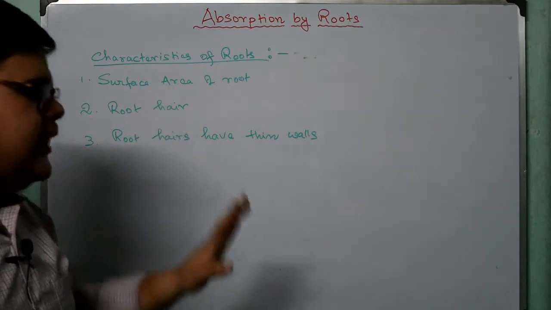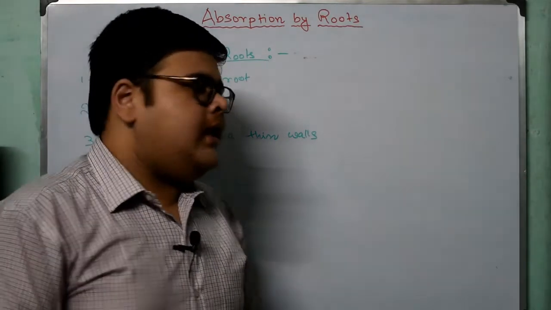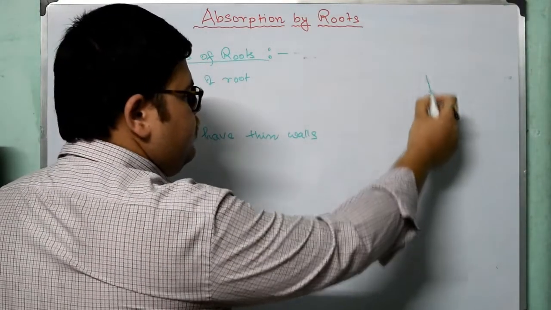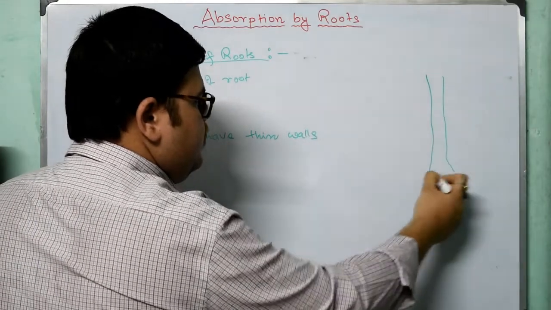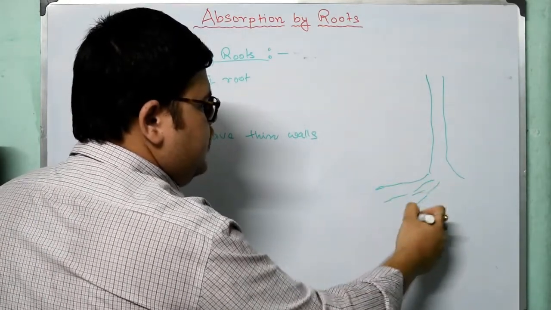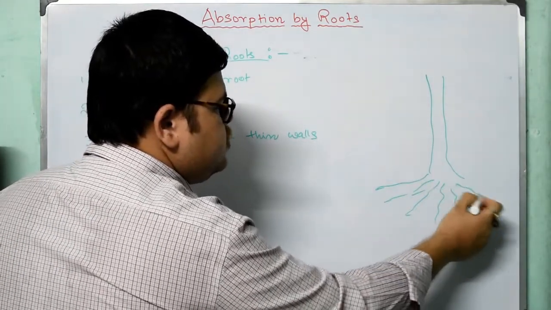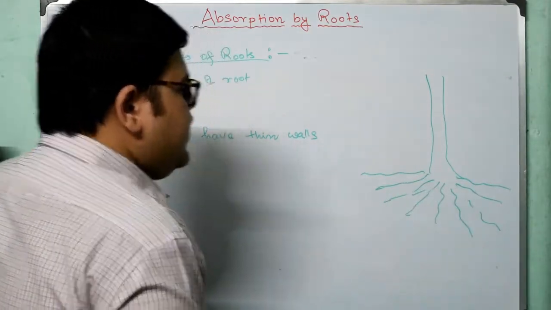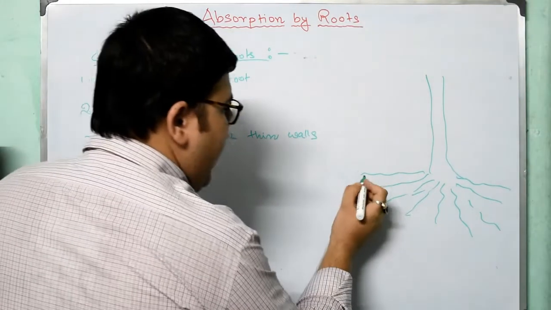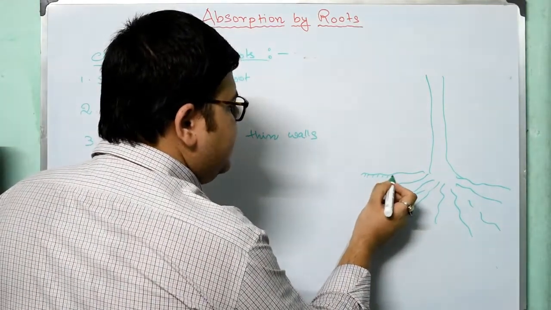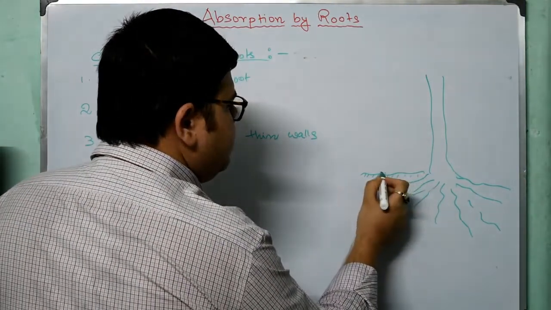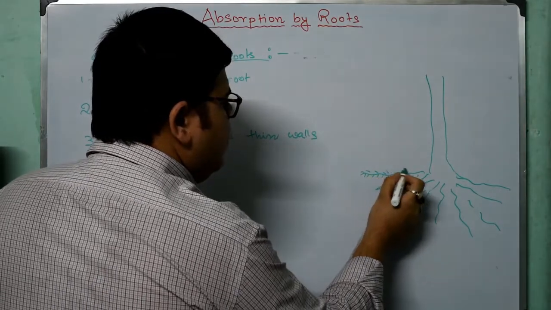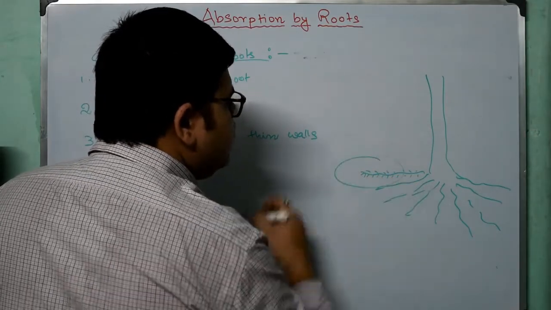The second one is root hair. If these are the roots, we are taking it as an example, then each root has small cilia-like projections. We have already learned about this term. They are known as root hair.